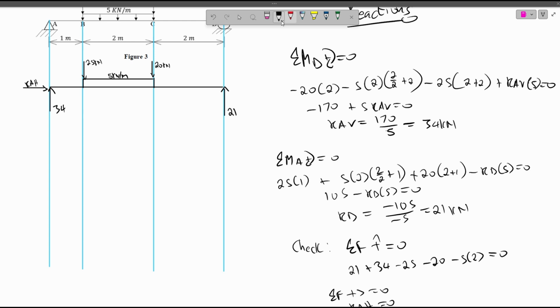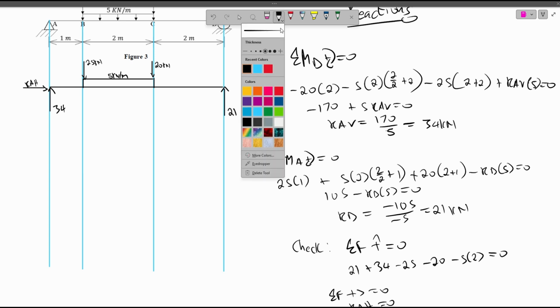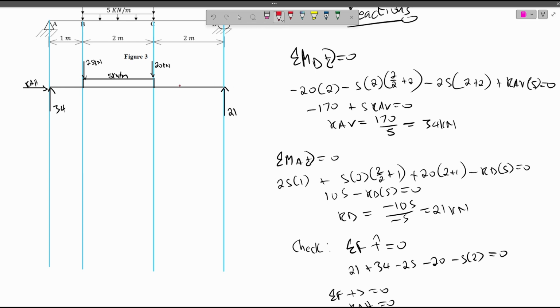Sometimes they might give you a point load at an angle. So it's a 20, and you're given 45 degrees.